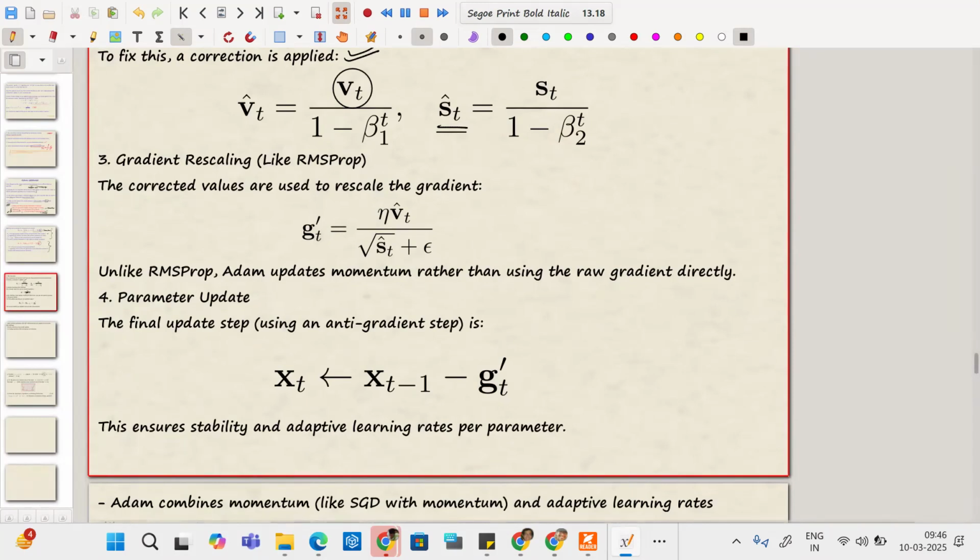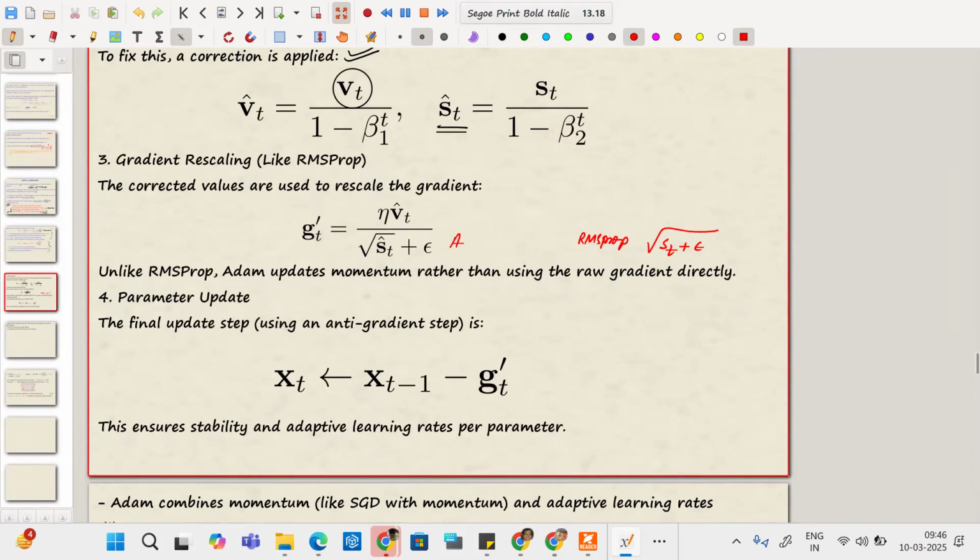Then we are doing a gradient rescaling just like RMSProp, because if S_t equals 0, then it can shoot. And here it is different. How is it different? Previously in RMSProp we had taken the square root of S_t plus epsilon.